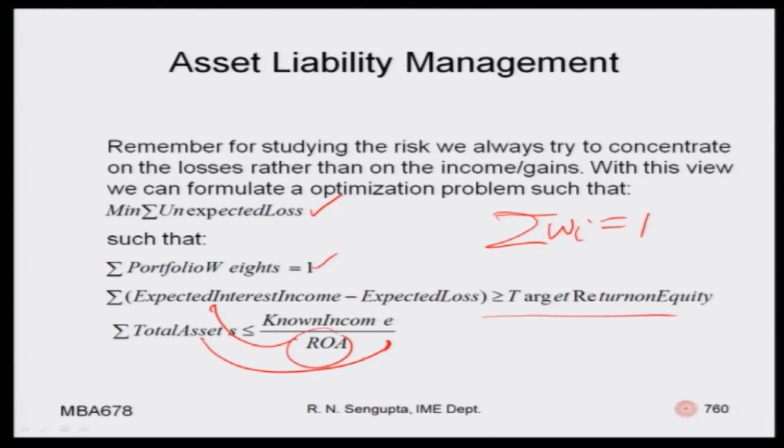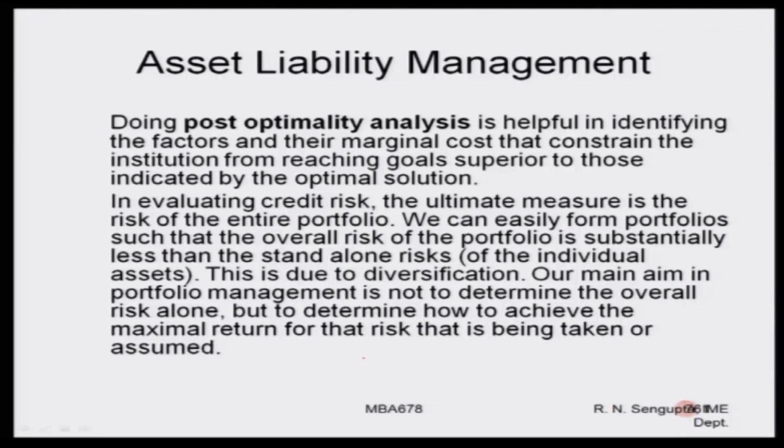So, the return on assets should be greater than the projected one. Whatever you are targeting, you will try to beat that, meaning make it more. Doing post optimal analysis is helpful in identifying the factors and the marginal costs that constrain the institution from reaching goals superior to those indicated by the optimum results.